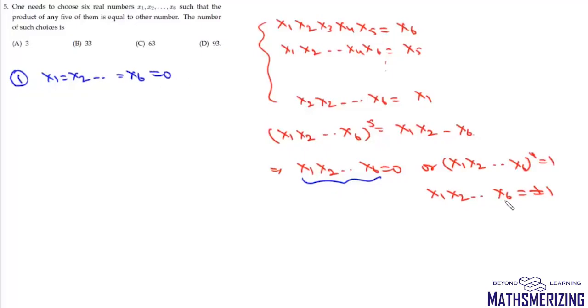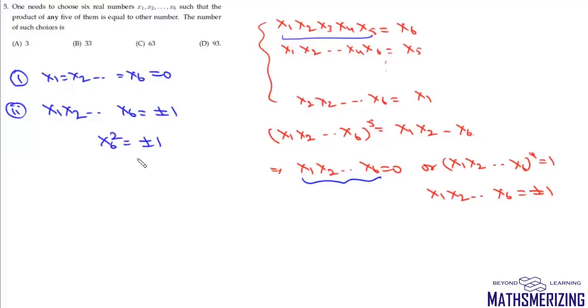Now we'll consider the second case, when x1 x2 up to x6 is equal to plus or minus 1. Now we'll put the value of x1, x2, x3, x4 and x5 as x6. From here we'll get x6 square is equal to plus or minus 1.